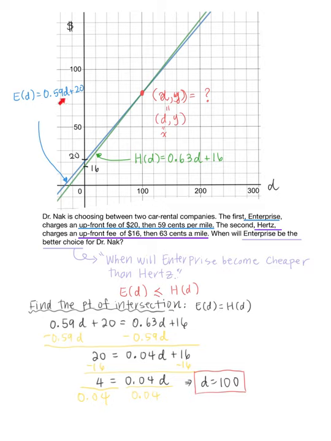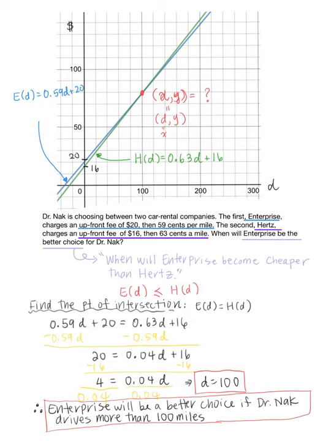When d is 100, you're going to have 59 plus 20, so it's 79. So at this point, I have to pay Enterprise $79. But that's not what the question's asking. Anyways, let's write down the final answer. Enterprise will be a better choice for Dr. Knock if she drives more than 100 miles.